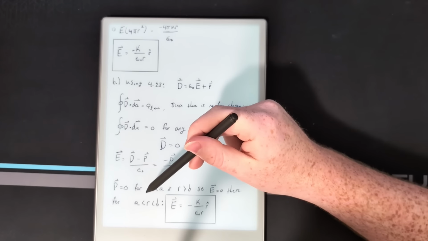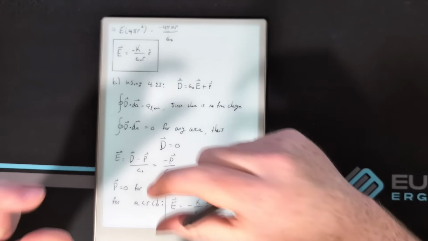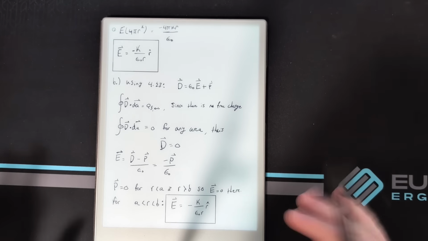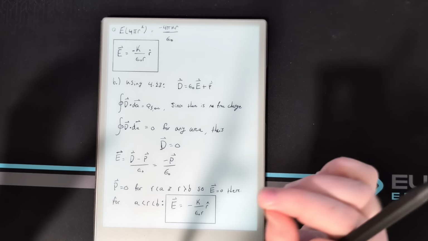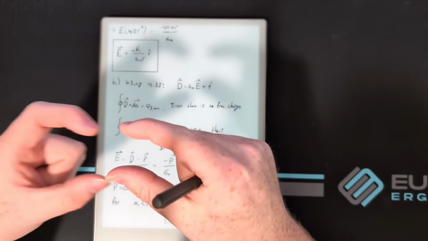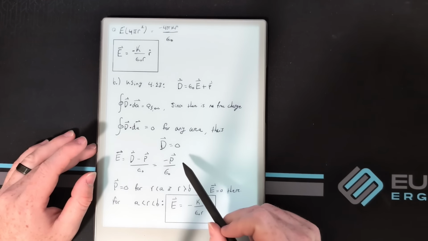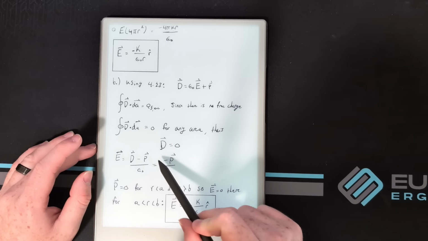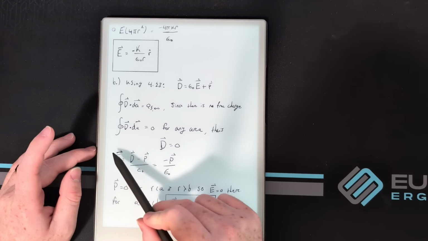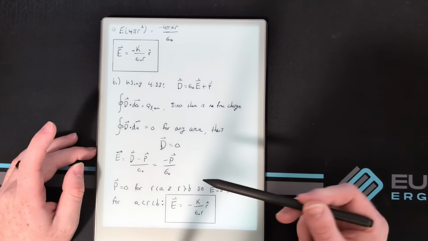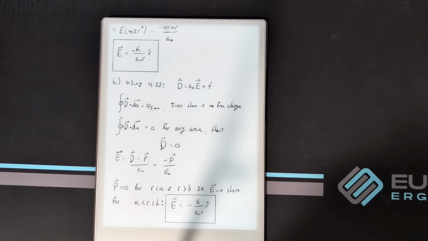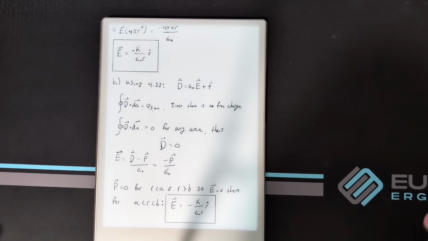For the regions r less than a and r greater than b, there is no polarization. The polarization only exists in the region between a and b. So because P is 0 for those two regions, the electric field is 0 for those two regions, which is exactly what we derived before using the previous method.